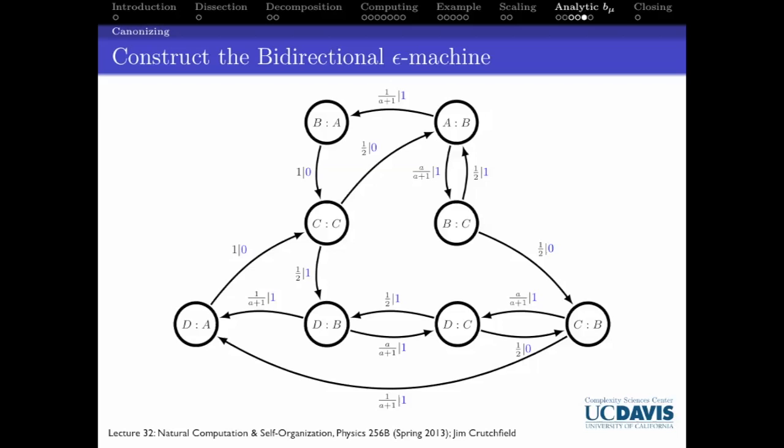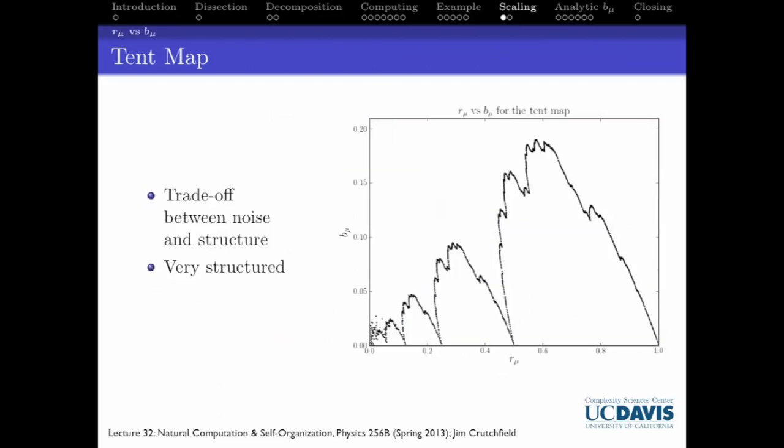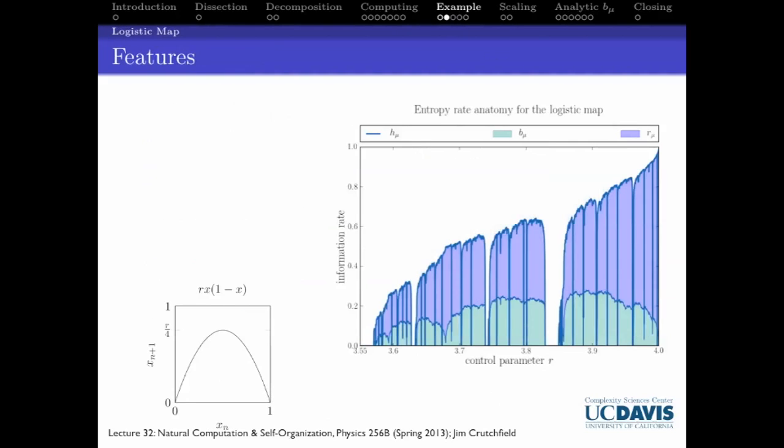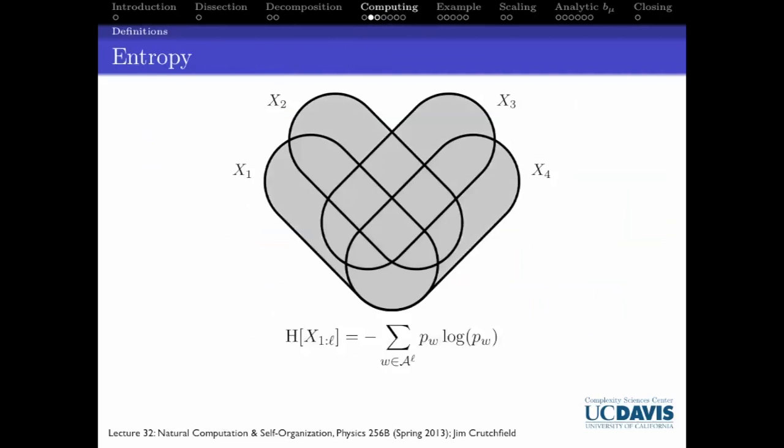So we can calculate the excess entropy exactly, analytically, in terms of the parameter A. So we have it completely analytic. But why stop there when we can calculate b mu and r mu? So to do so is trickier. If we recall, I'm actually going to go way back for a moment to the past, present, future eye diagram.